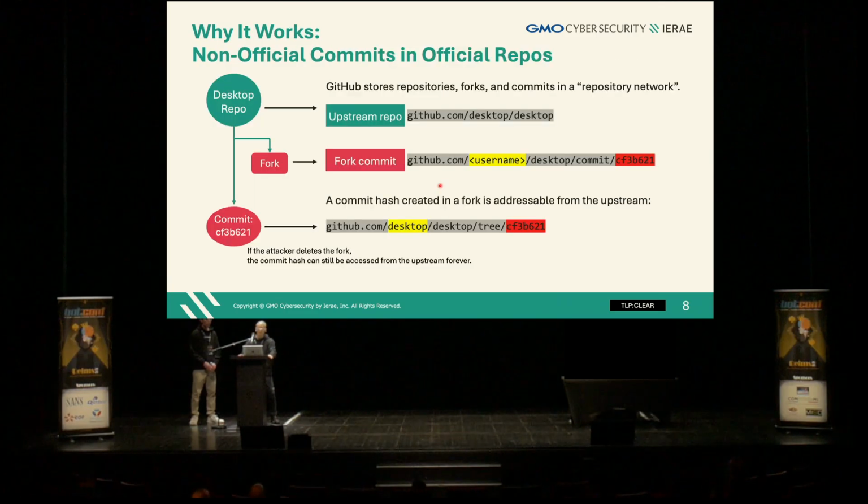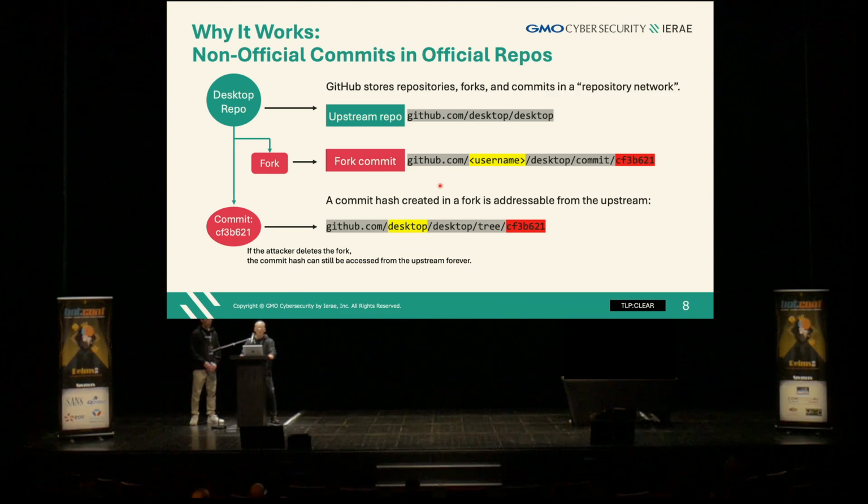The point is GitHub's repository network architecture. GitHub stores all repositories, forks, and commits in the same repository network. This means a commit made inside a fork can also be accessed from the upstream repository.